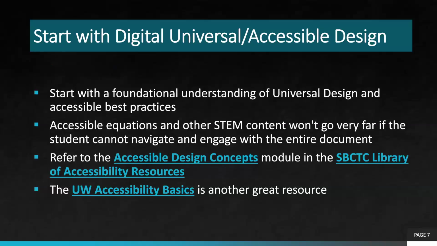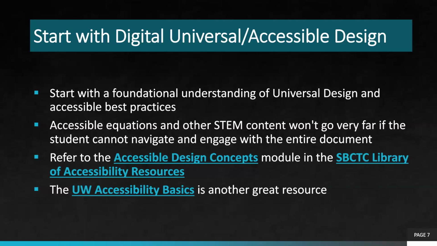Okay, slide 7. Start with a universal accessible design approach. So yes, we're specifically talking about mathematical equations and what needs to happen for those to be accessible in a Word document, for example. Likely there's going to be other content on that page, and there are accessible design best practices that you should be aware of and thinking about as you're focusing on your STEM content.